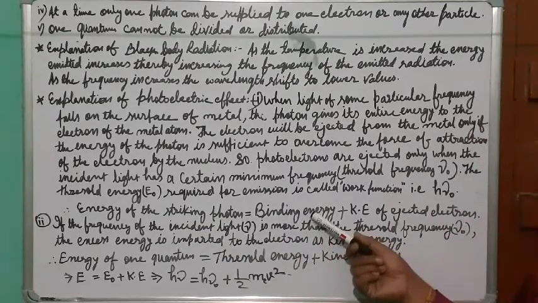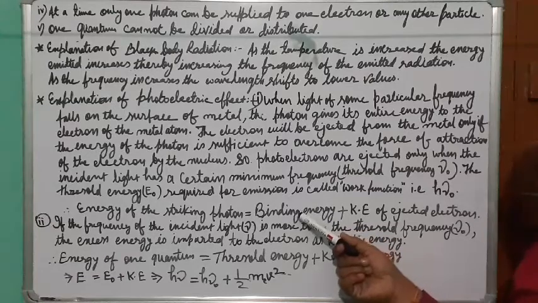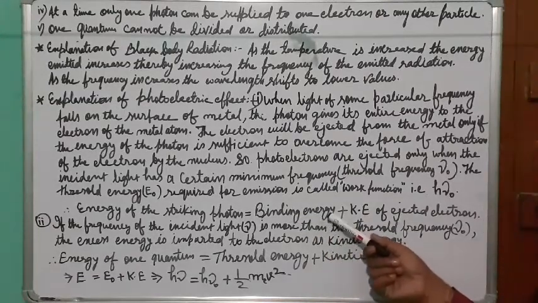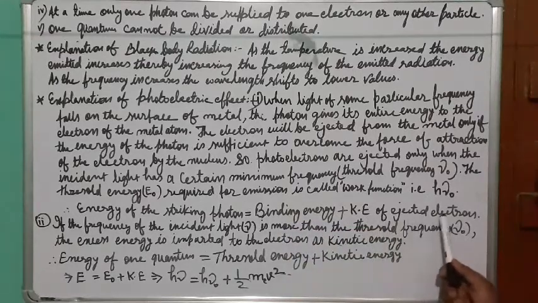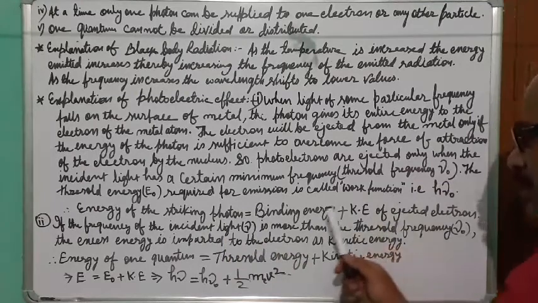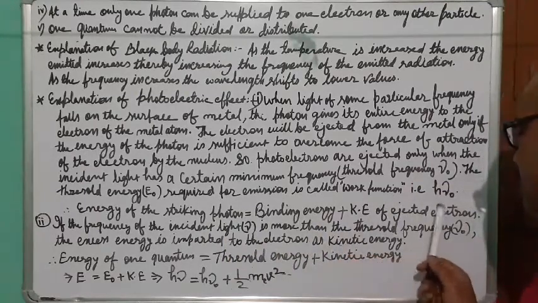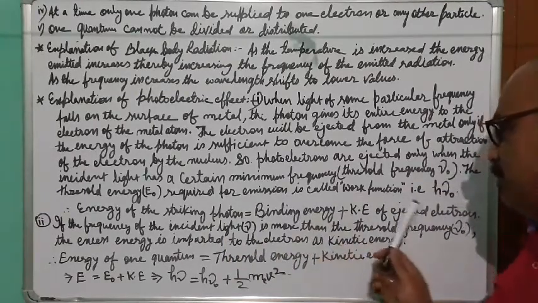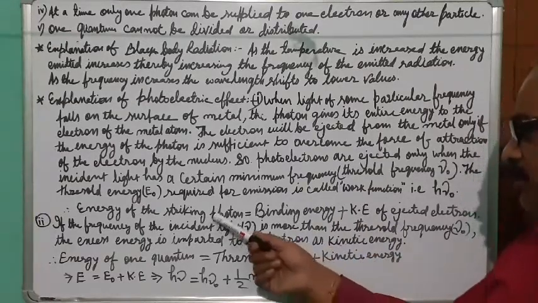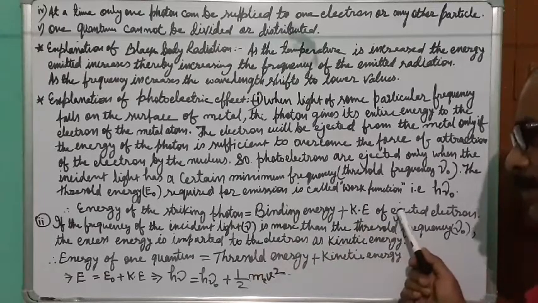Binding energy is the energy required to remove the force of attraction between the nucleus and the electrons. And the rest of the energy is kinetic energy. So the striking photon must have this much energy, binding energy plus kinetic energy of the ejected electron. If this much energy is there with the photon, then only there will be electricity. So this relationship we should remember.